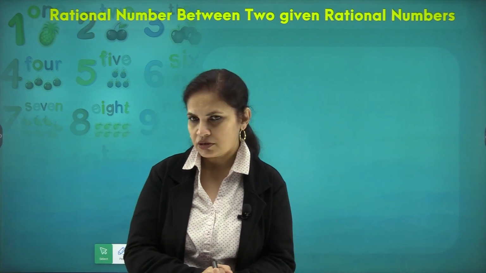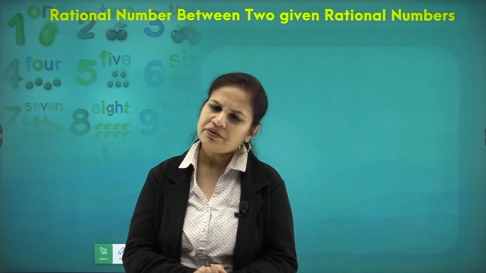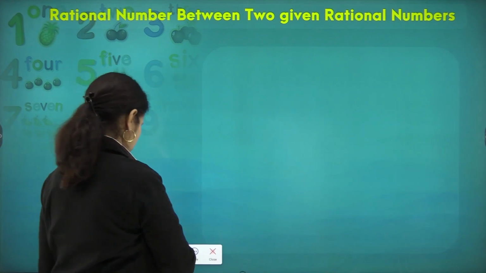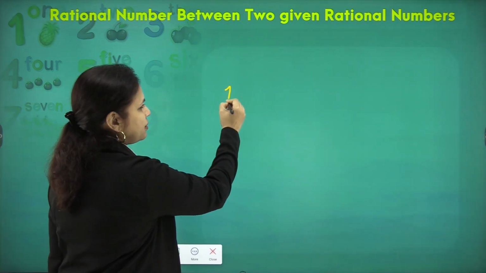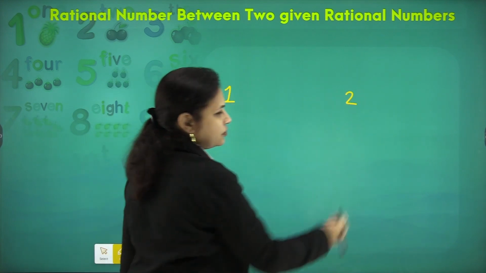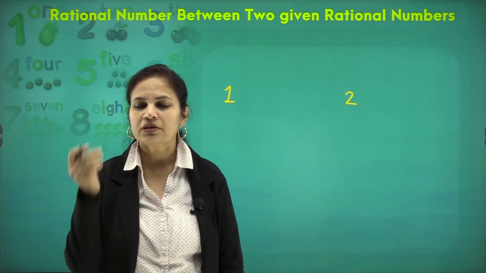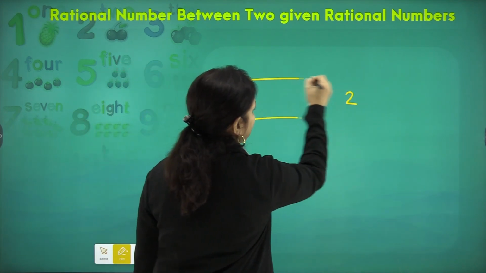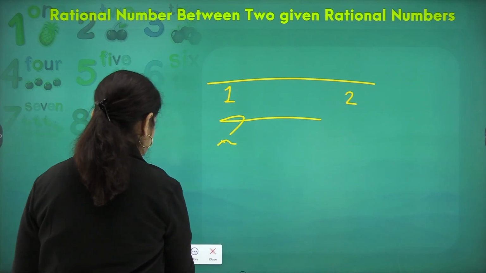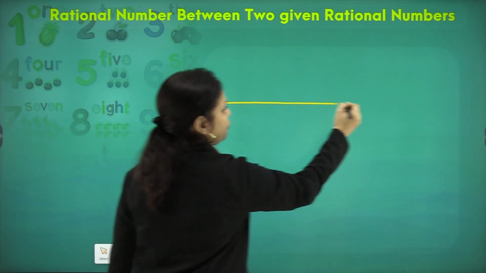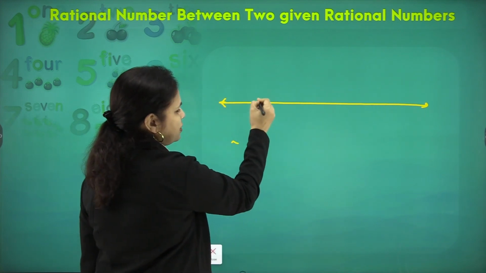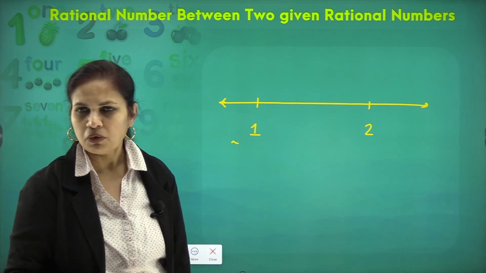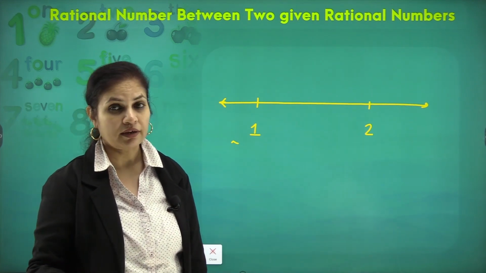If I ask you how many rational numbers you can fit between two rational numbers 1 and 2, what will come between 1 and 2 on a number line? Think.